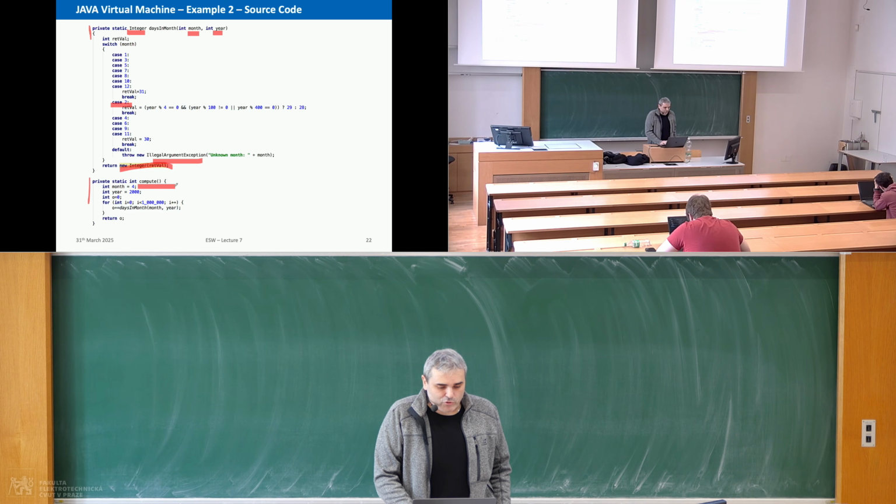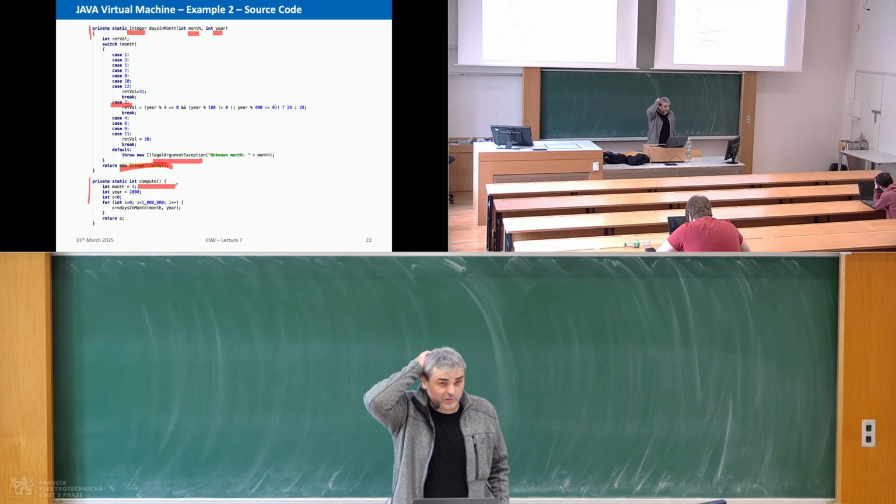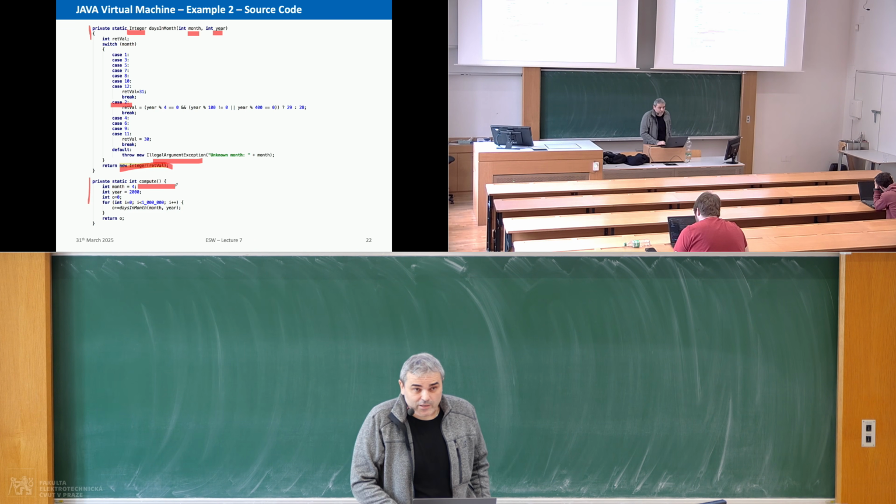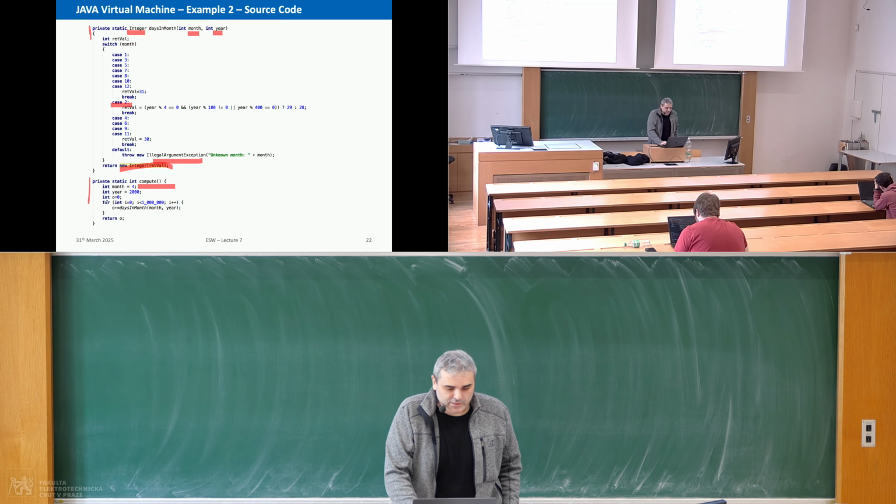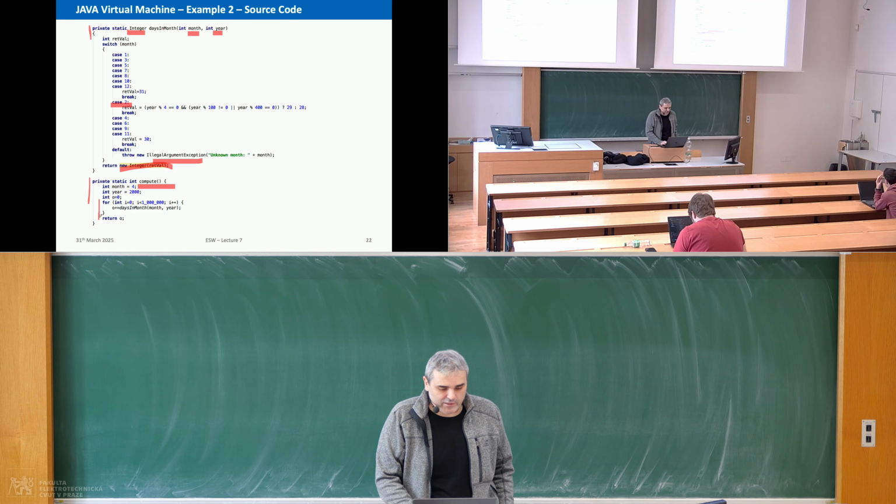Then the second method is compute. Again, some kind of demonstration-like method. You can see there is a huge for cycle, a million iterations, calling the daysInMonth method and accumulating the result into a local variable, which is finally returned in the form of a primitive int.